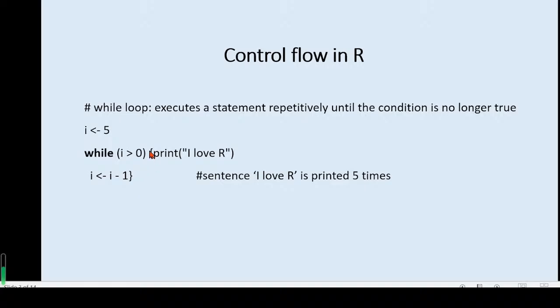Inside the braces is the while loop block. The next statement after printing is i minus 1, then assign to i. So i will get smaller and smaller. If i larger than 0 is not met, then the while loop block will stop.